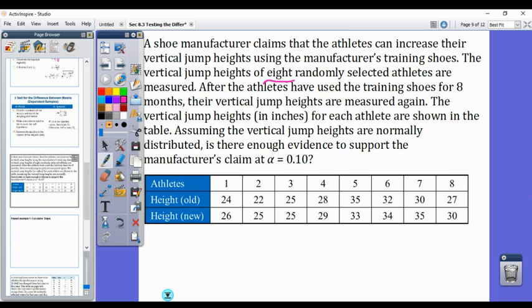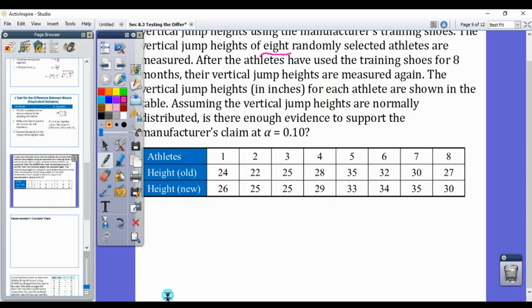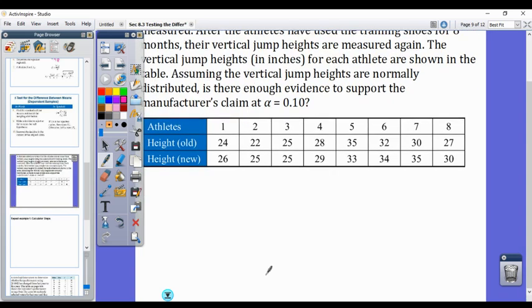Okay. So the first thing that I'm going to do is write down my claim, and I'm going to need some more room. So leave yourself a little bit of space because we're going to need to add to the table here. But our claim is that the new jump height is supposed to be greater than our old jump height, right?